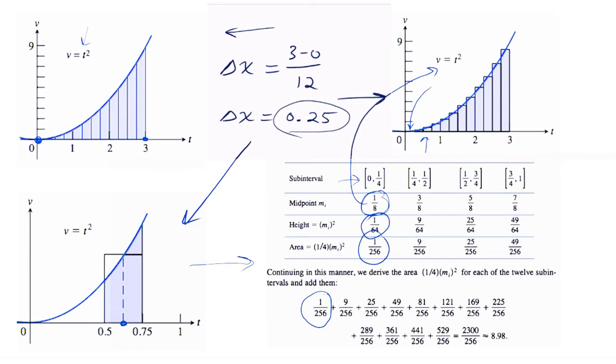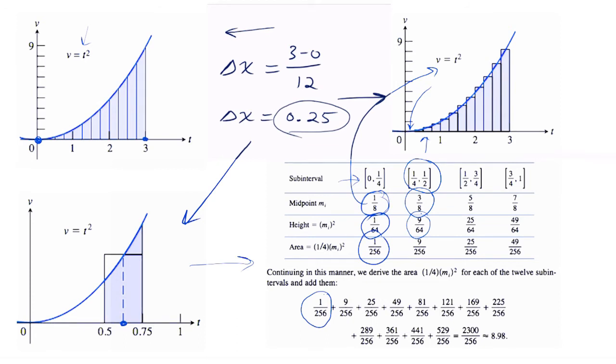Now let's take a look at the area of the second rectangle. The second rectangle covers the subinterval 1/4 to 1/2. We locate the midpoint of that subinterval. That midpoint is 3/8. We now evaluate the function at that midpoint, so substituting 3/8 for t in t squared, we get the function value 9/64, which would be the height of our second rectangle.